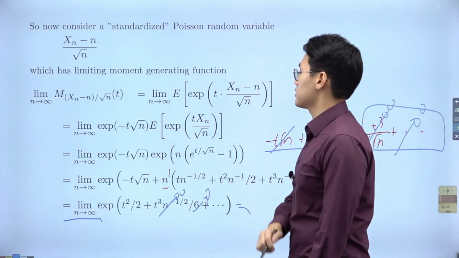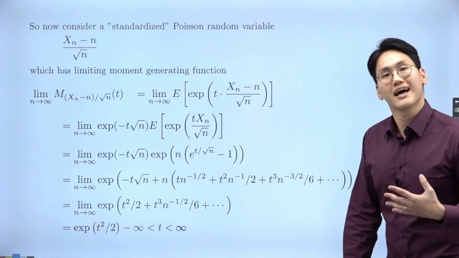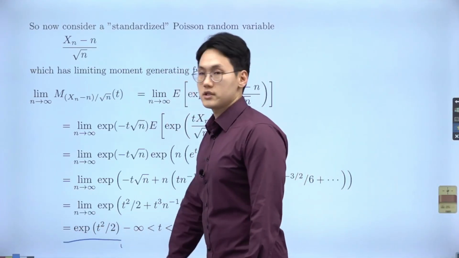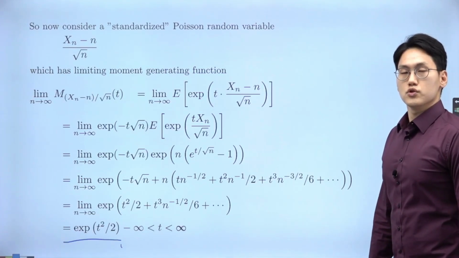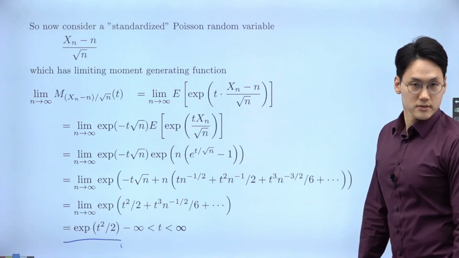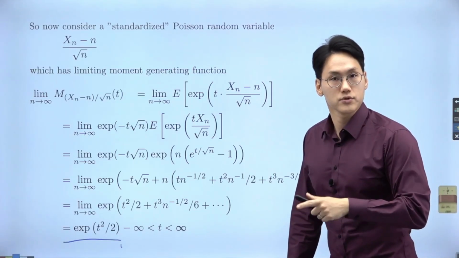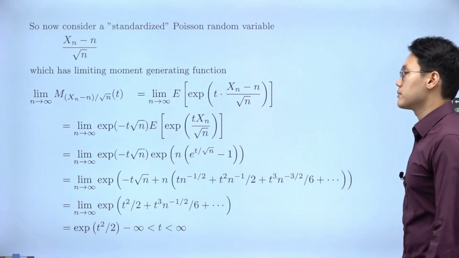So now you see that the moment generating function of the Poisson, after having been standardized, will converge to e to the power of t squared over 2, which is the moment generating function of the standardized normal distribution. So hence we can show that the standardized Poisson will converge to the normal distribution, which summarizes the central limit theorem for the Poisson.